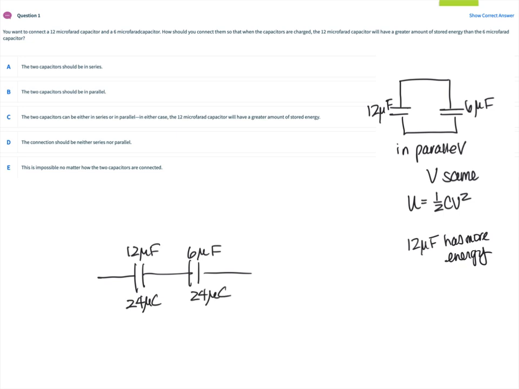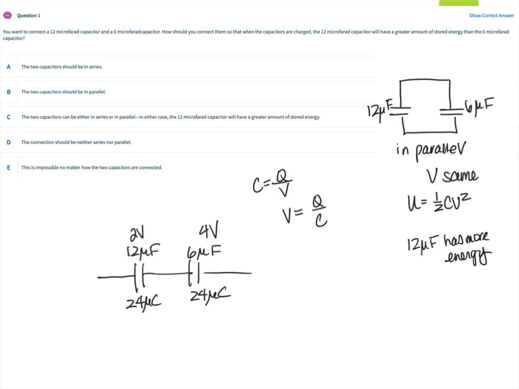And that's a nice number that's going to divide nicely. Using the relationship between capacitance, charge, and voltage, the voltage can be found by taking Q over C. So the voltage across the 12 microfarad will be 2 volts, and the voltage across the 6 microfarad one will be 4 volts.